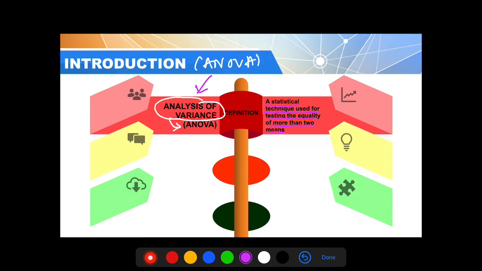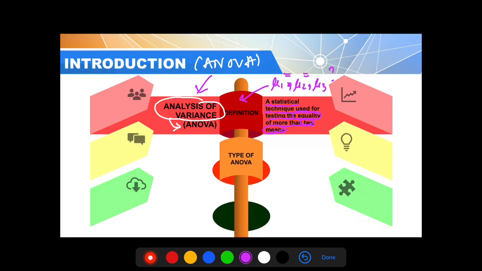We want to test the equality of more than two population means. For example, you have mu1, mu2, mu3. You want to know, are these 3 mu equal or not? So we can use ANOVA.